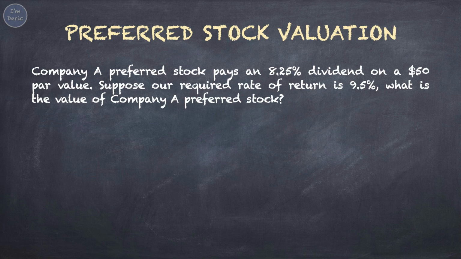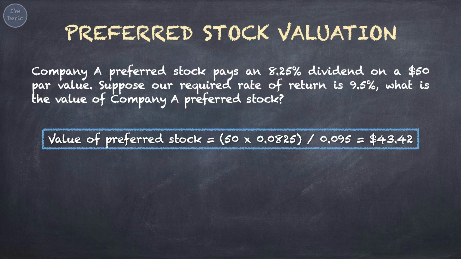For example, Company A preferred stock pays an 8.25% dividend on a $50 par value. Suppose our required rate of return is 9.5%. What is the value of Company A preferred stock? By using the formula, value of preferred stock equals $50 times 0.0825 over 0.095, you'll get an intrinsic value of $43.42.